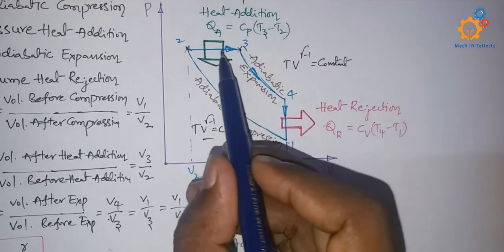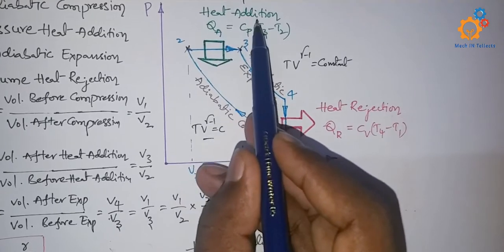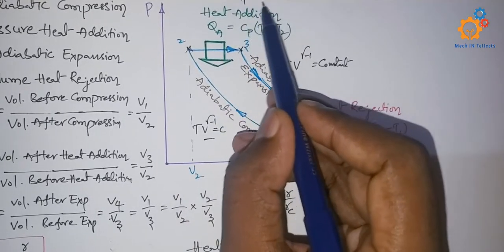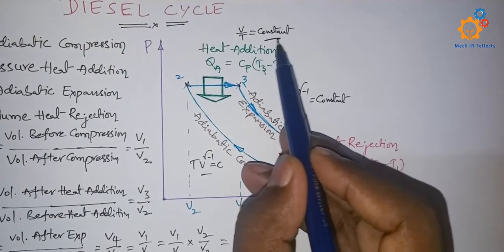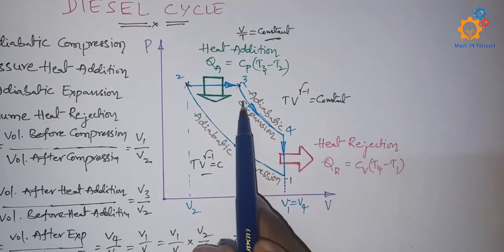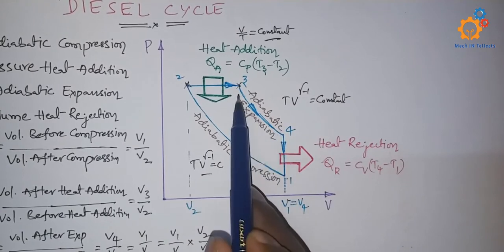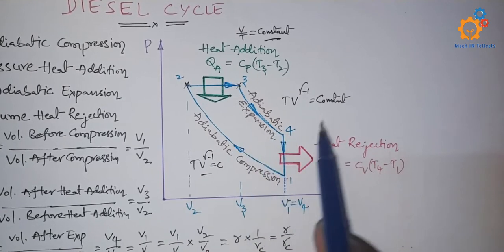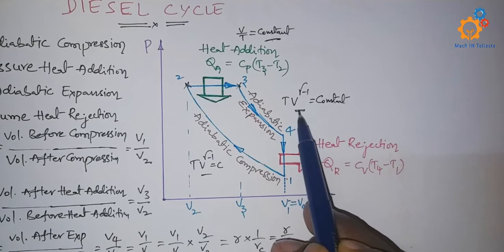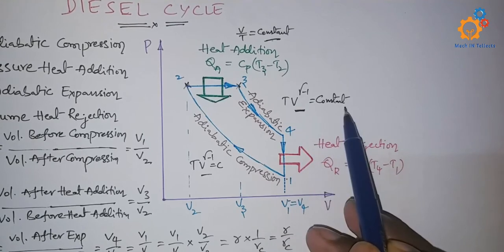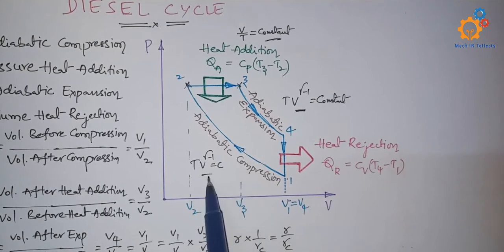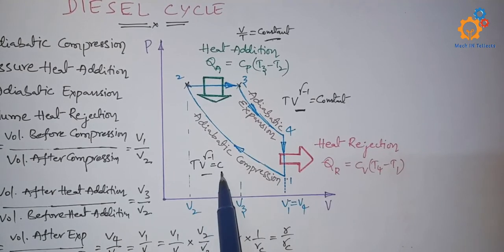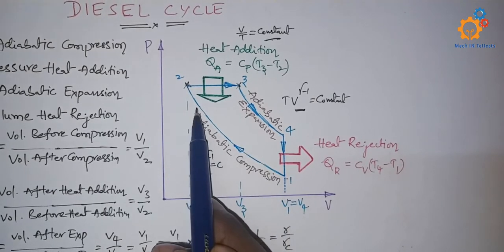In my second step, heat addition process, I will use V by T is equal to constant. In the third step, this is again adiabatic expansion, I will use Tv power gamma minus 1 is equal to constant. So let's start with the first step, Tv power gamma minus 1 is equal to constant, because it is an adiabatic process, right?